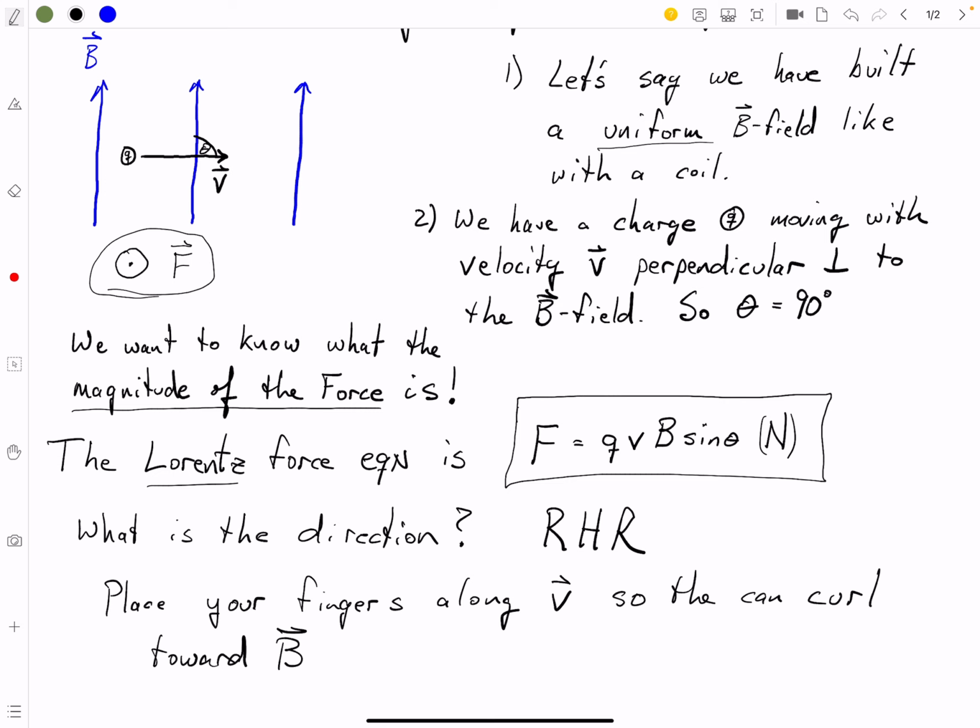So one way or the other, you place your fingers along V, and then they curl toward B.